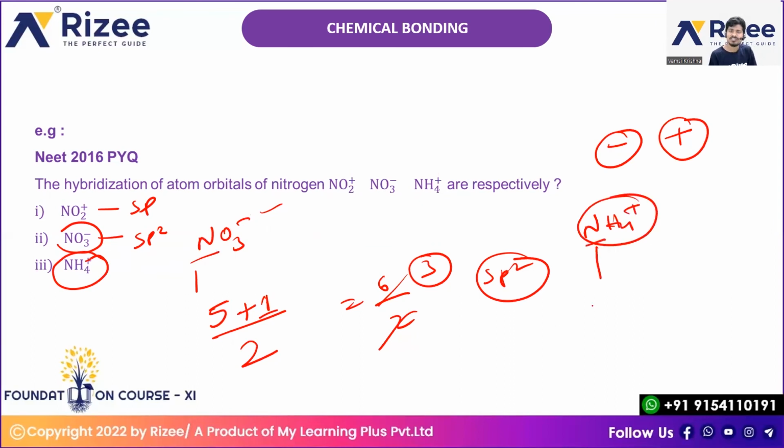Let us find the NH4 positive hybridization. Here also nitrogen is the central atom. The number of valence electrons is 5. And here monovalent atoms are present: 4 hydrogen atoms. If monovalent atoms are present, we need to add, so plus 4.